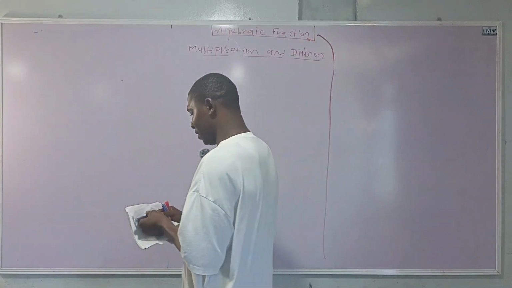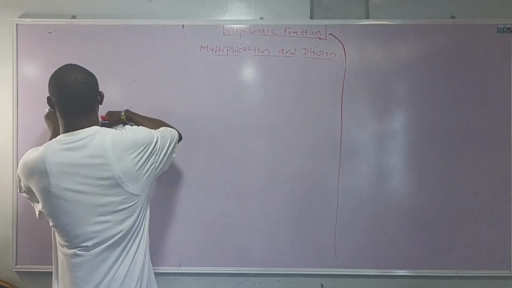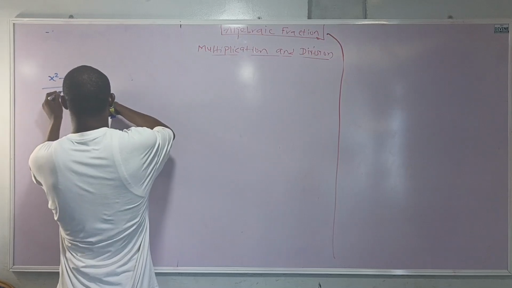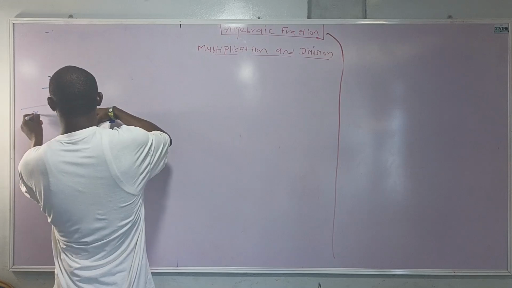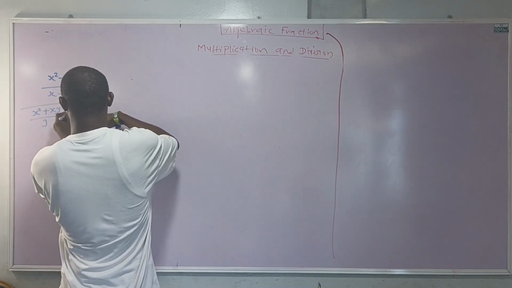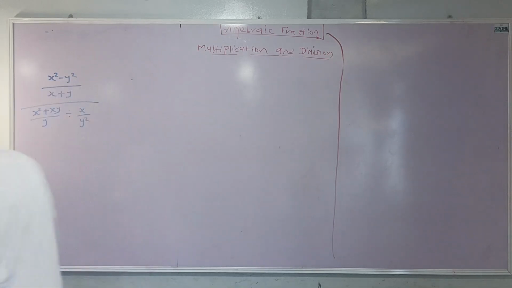So our next question is x squared minus y squared all over x plus y divided by x squared plus xy all over y divided by x all over y squared. So that's our question.